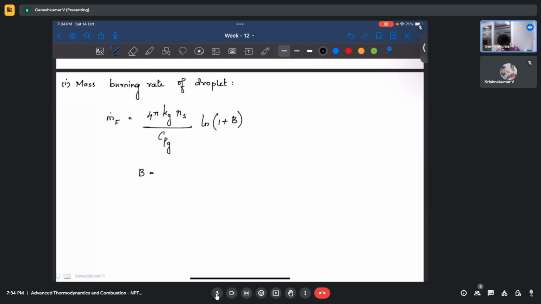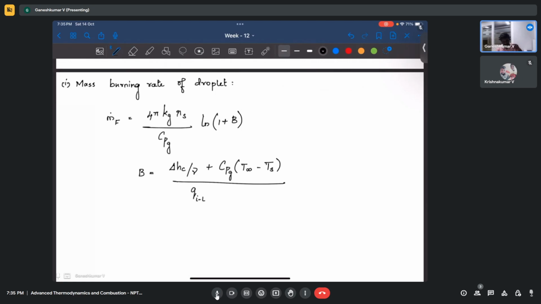B is nothing but, this is for a burning droplet. We are interested in combustion. It's not just evaporation, or mass evaporation due to mass transfer or heat transfer. Plus CPG times T infinity minus Ts, whole divided by QIL.